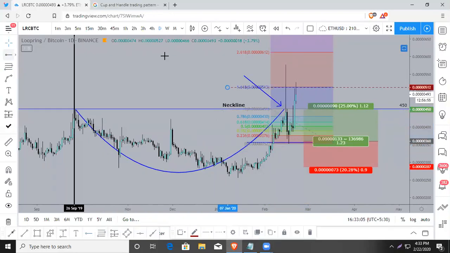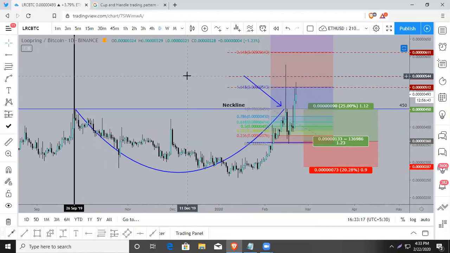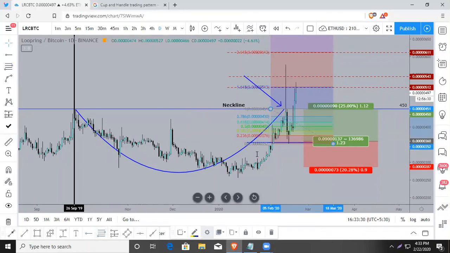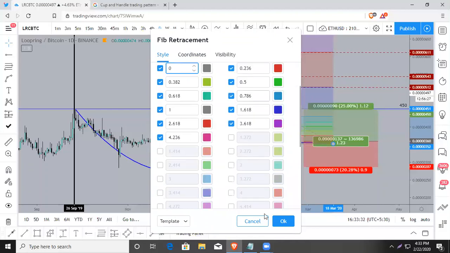Okay, the second target would be 261%, or in between you can also take another level, that is 200%, that would be around 540. That can be your second target. So if I use the Fibonacci tool, I will have to add an additional level, that is 200% that we have here, right?